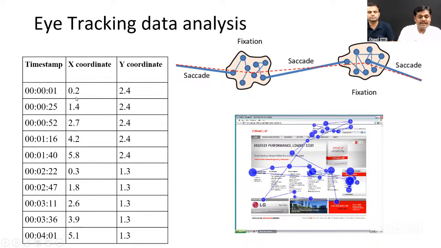Then when the learner moved his or her attention from the first AOI to the next AOI, a timestamp was captured by the system, which is 0.25 milliseconds. The next coordinate of the second AOI can be 1.4, which is the x coordinate, and the next one is 2.4, the y coordinate. The rapid movement of the eyes is captured on the screen by using a particular gadget, for example an eye tracker, Tobii eye tracker or something like that. That rapid movement is called a saccade.